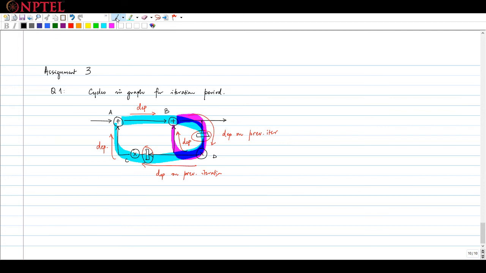So if I write down the list of nodes, what I have is a cycle starting at node A, going to B, then going to D, C, and then back to A, which is one of the cycles that I need to take into account. That is the one marked in light blue, and the other one is just the one that goes B to D to B, a small cycle.